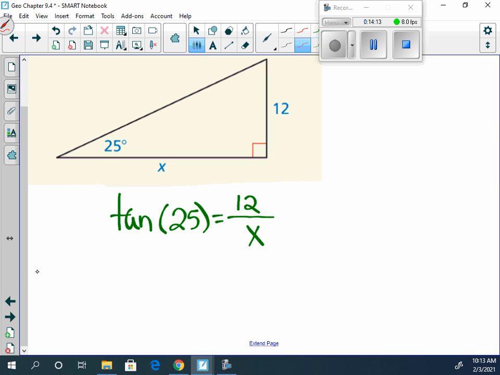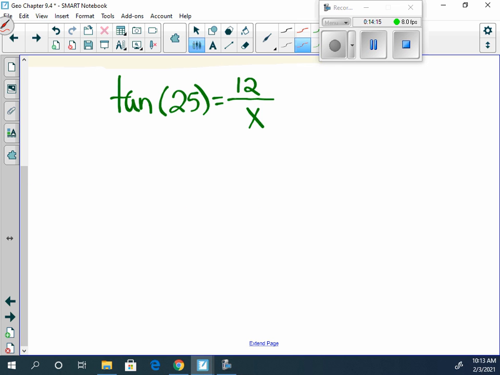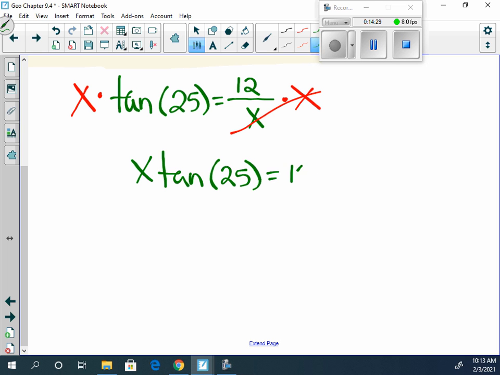Our next step would be to multiply both sides by x, because those will cancel. And what that'll leave us with is x tangent of 25 is equal to 12.